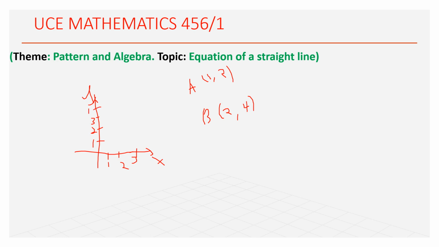If I have such a scale, and I need to plot my coordinates, A is 1, we start with the x-axis please, this is x, this is y, so we start with the x-axis. On point A we have 1 and 2, somewhere there, that is point A.